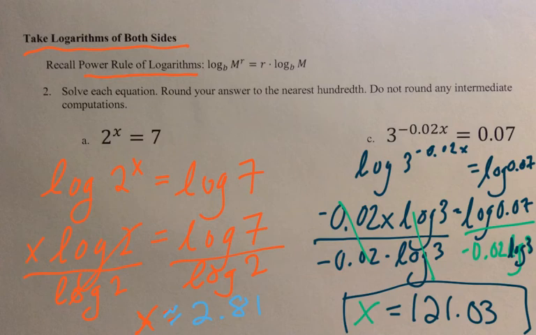If I come to the original problem and I substitute 121.03 in for x here, so I would do 3 to the negative 0.02 times 121.03, I would end up getting 0.07 or something very, very close to that. Now remember, because we're rounding, we might just be close to it and not exact.